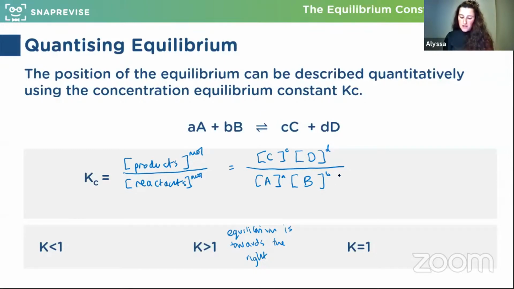So it must mean that the bottom of our fraction is bigger than the top. If the bottom's bigger than the top, we're going to get a number smaller than 1 because we're going to get a fraction, like a quarter, a third, an eighth, a 16th, whatever it is. So we're going to get a fraction smaller than 1, which means we must have more reactants than products. So it must be lying over to the left.